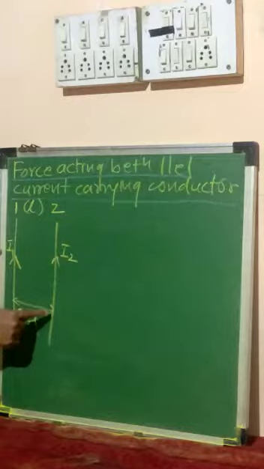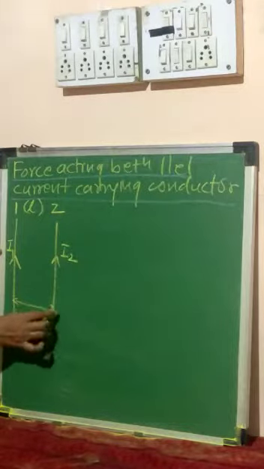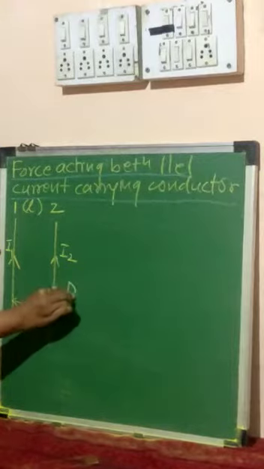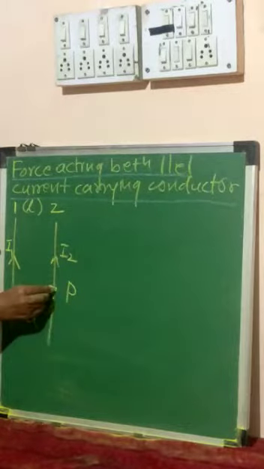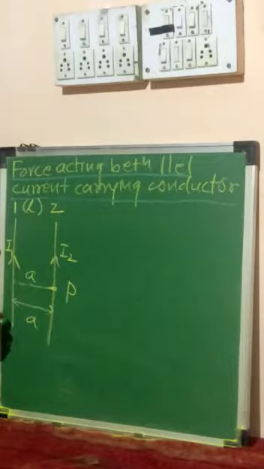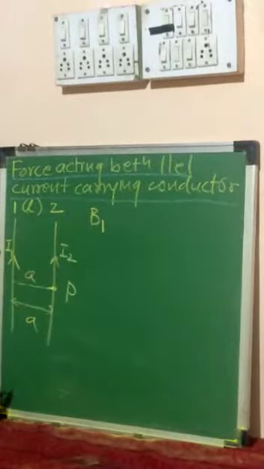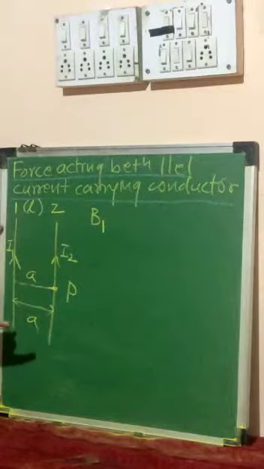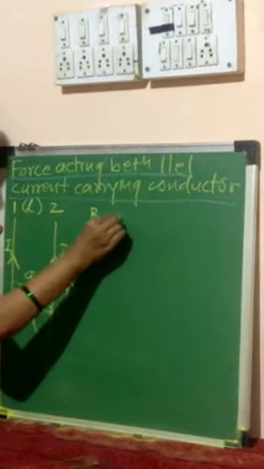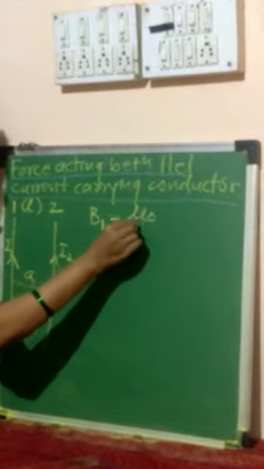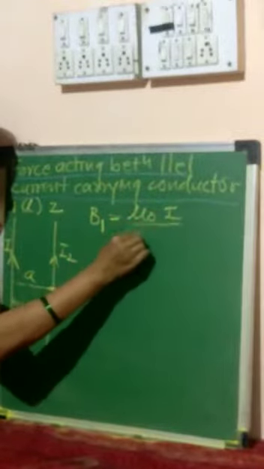If I locate any point P at a distance a, then due to the flow of current I1 through the first conductor, at point P there is a development of magnetic induction, which you have seen in the previous derivation, equal to mu 0 I upon 2 pi r.